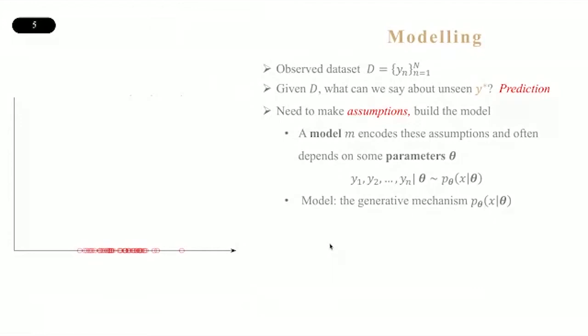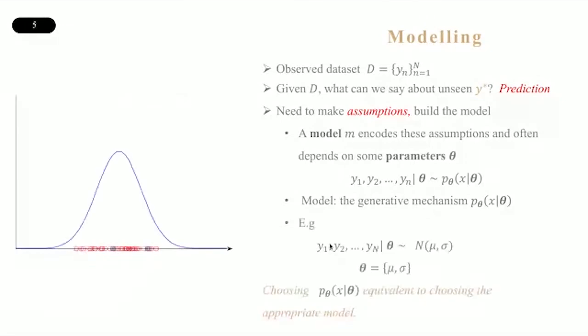The probability distribution is the data generating mechanism, and it is defined by and dependent on the parameters theta. So the takeaway message is that a statistical model is a data generating mechanism that depends on parameters. By choosing different parameters, I choose a different model.